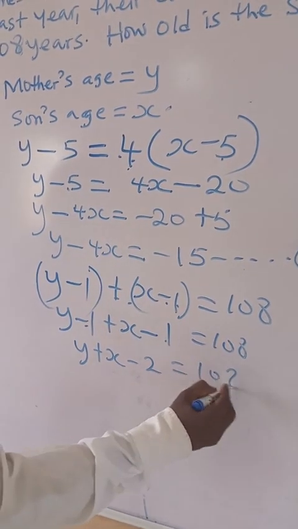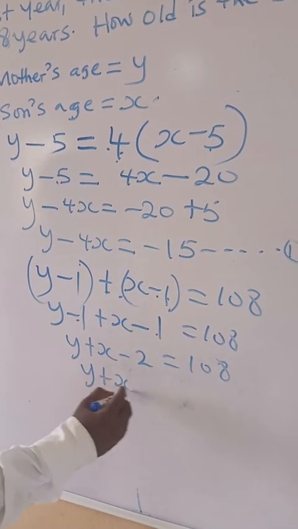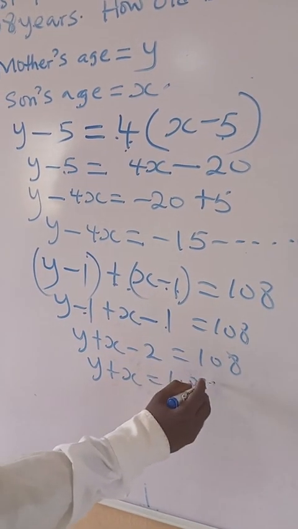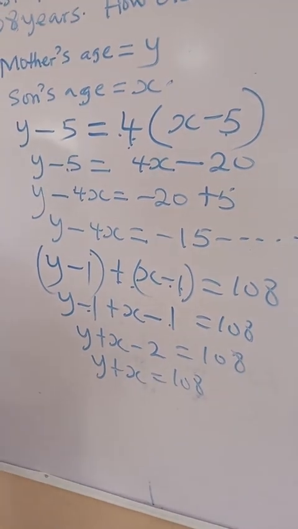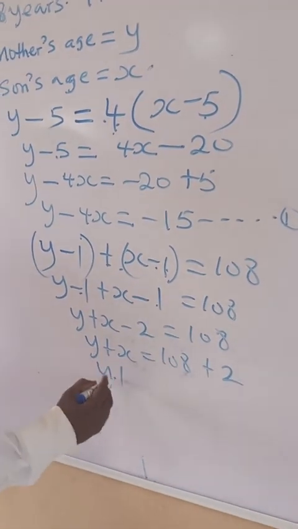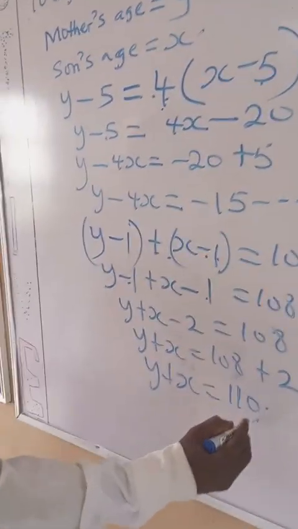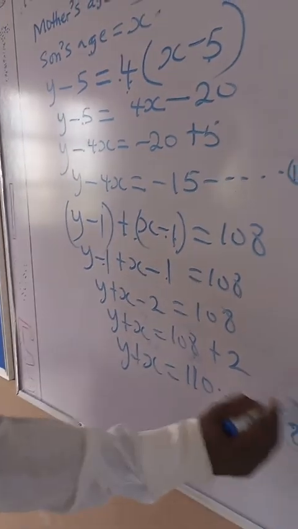Then everything equals 108. y plus x minus 2 equals 108. Minus 2 goes out and changes to plus 2. y plus x equals 110. I call this equation 2.